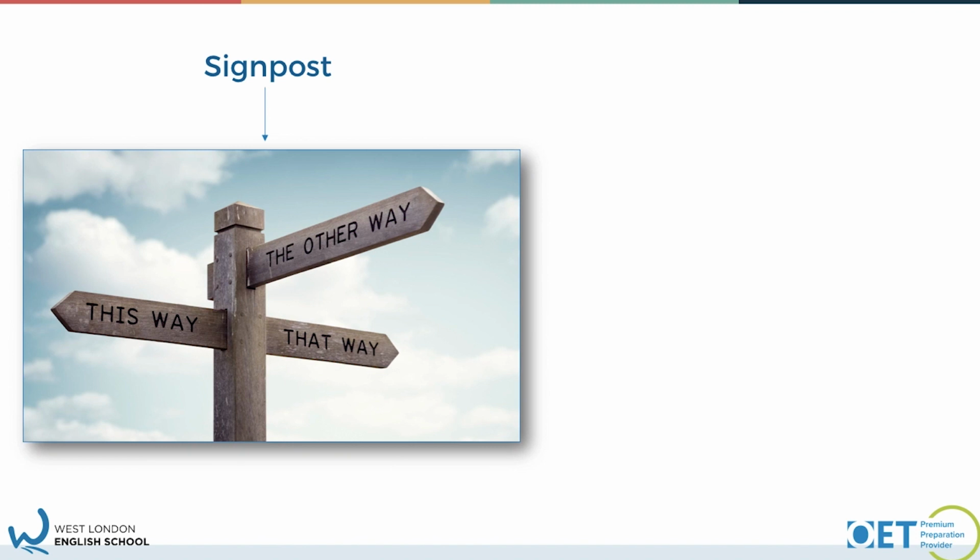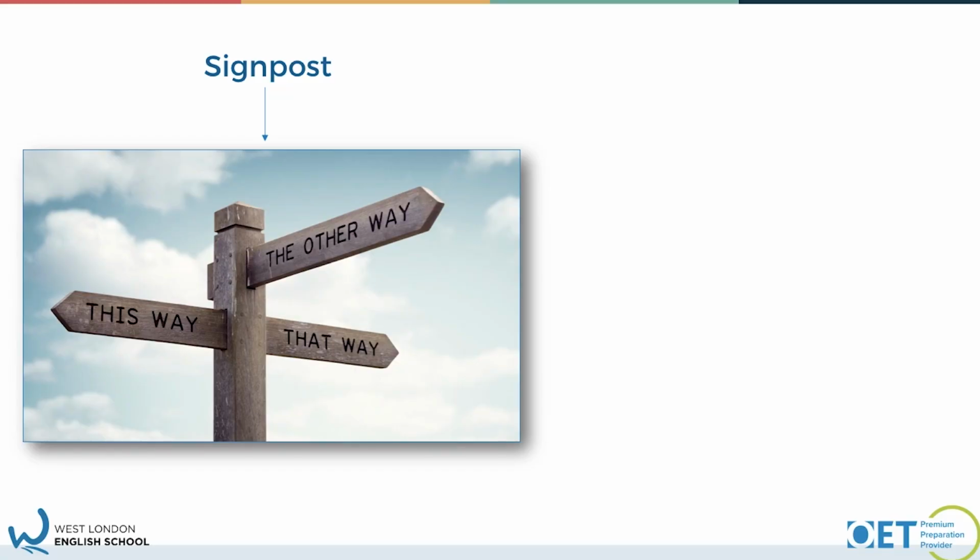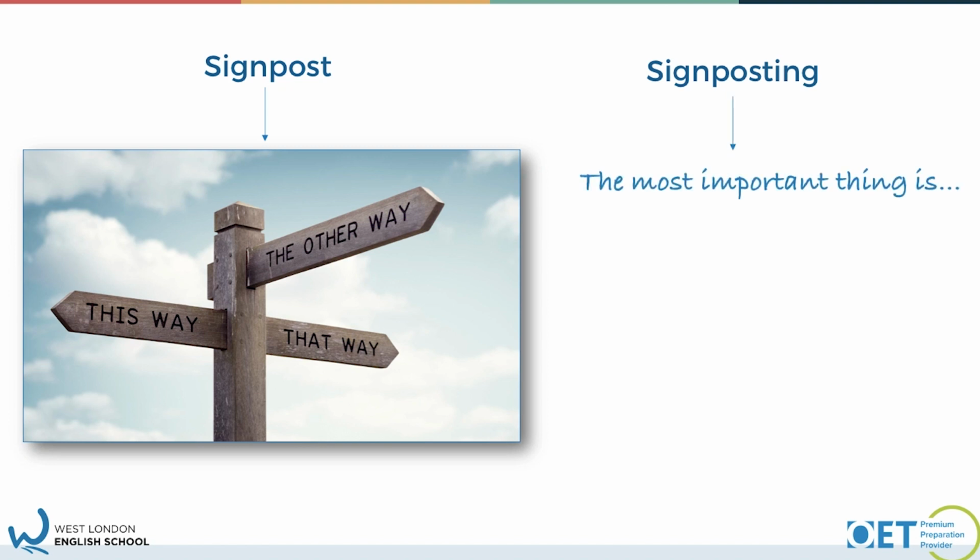Okay, so signposting. This is something we're going to look at today. And what is a signpost? Well, a signpost tells you which direction to go in. And with language, it's basically telling you what is coming next. So when you hear someone say "the most important thing is", what they're about to tell you is what the most important thing is.